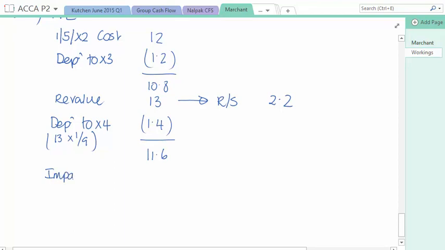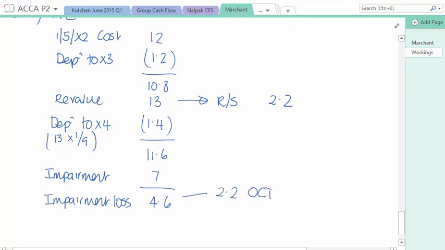We then revalue the asset again, and we have an impairment, and the impairment takes the asset down to a value of 7. So our impairment loss is 4.6. 2.2 is deducted off the revaluation surplus, and 2.4, the excess, goes to the statement of profit or loss.